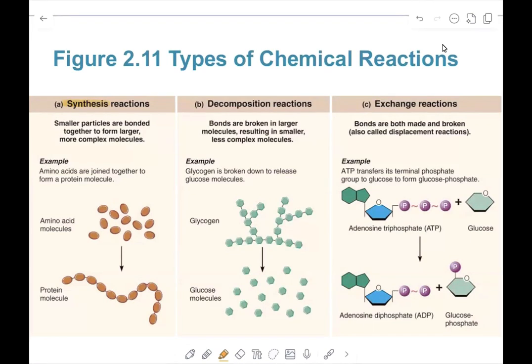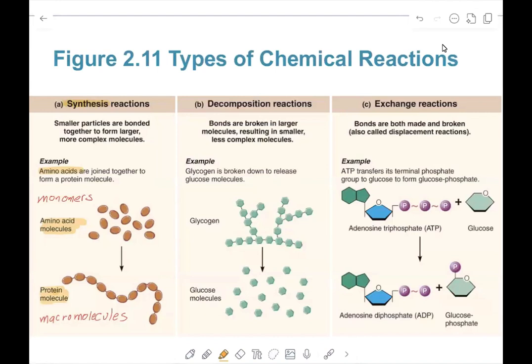In this case, we have small monomers called amino acids. A monomer means it's an individual unit or the building block of one of these larger macromolecules. So macro means that it is made up of many individual monomers. So amino acids are put together to make proteins.